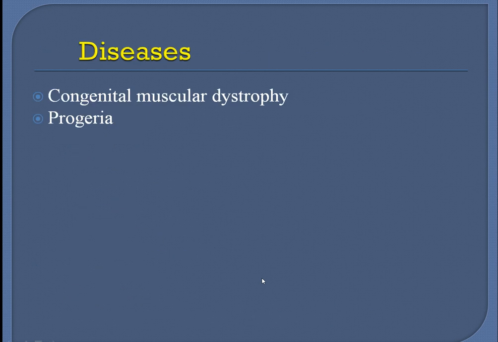Diseases associated with the laminin protein are congenital muscular dystrophy, and laminin defect can also be there in progeria. Progeria means early aging.